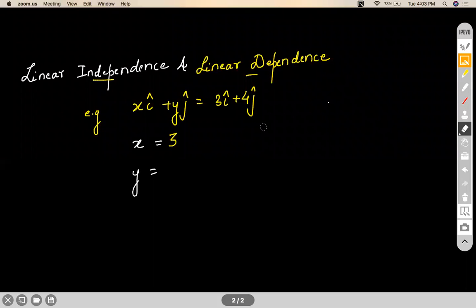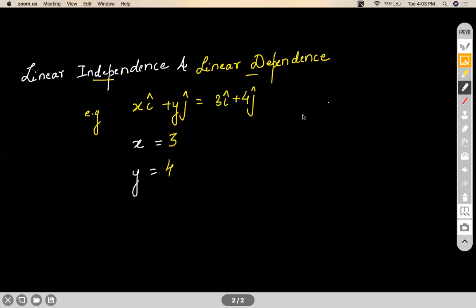Right? And nobody challenged this. So we just say, okay, compare the coefficient of i with i, compare the coefficient of j with j. But actually, the answer to this comes from the concept of linear independence and linear dependence. So things like this, which we take for granted while we are solving vector questions, have a deep-rooted concept behind them, which is the concept of linear independence and linear dependence.